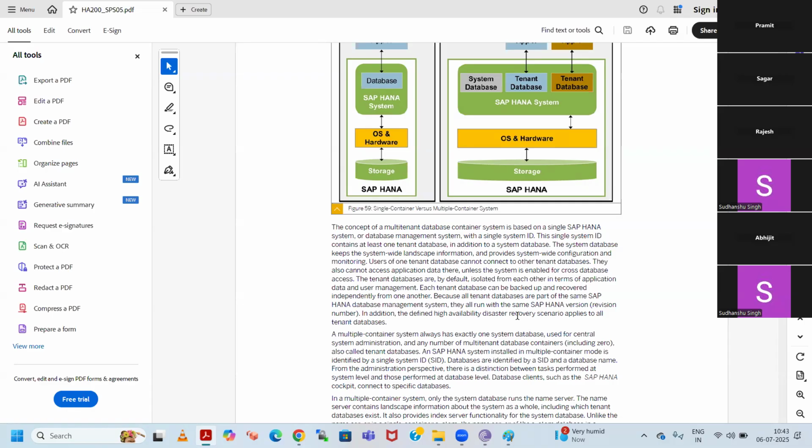If you want to make use of HANA database, there should be at least one tenant DB. If there are zero tenant DBs, then that DB is of no use. You cannot use it anywhere.